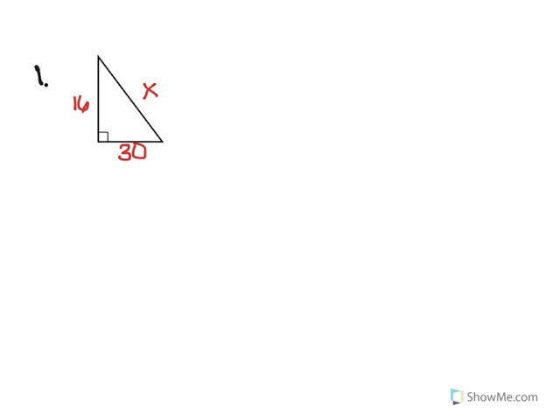For number 1, the leg is 16, the other leg is 30, and we want to solve for x, which is the hypotenuse. First, write down the formula: a squared plus b squared equals c squared.